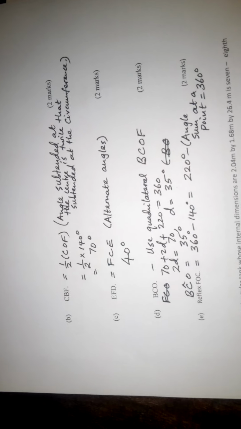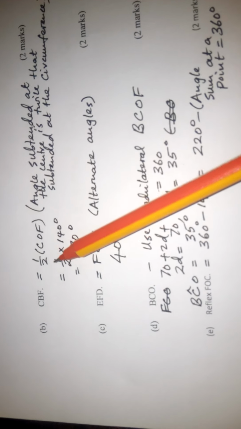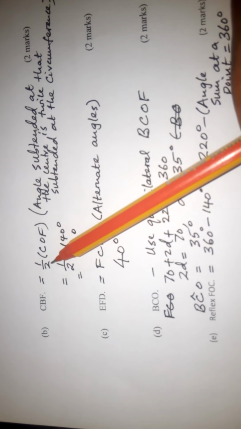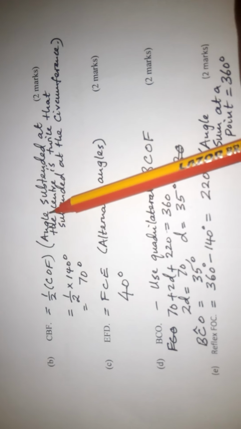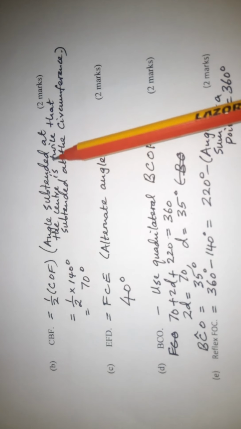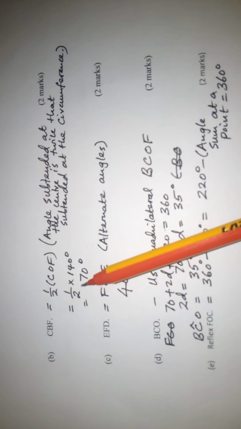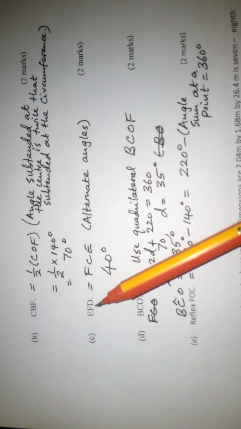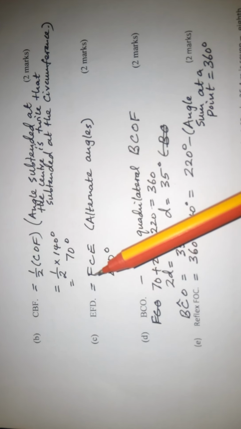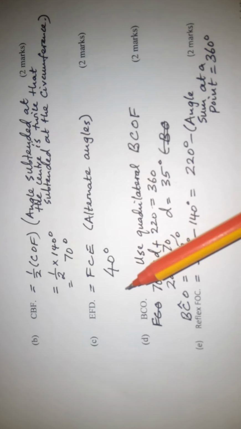Then we move on. CBF, remember, is equal to a half of COF, and the reason from the rough work you have seen is that the angle subtended at the center is twice that subtended at the circumference, and therefore angle CBF is 70 degrees. Then we go to angle EFD, which is equal to angle FCE, and the reason is that these are alternate angles, and the answer there is 40 degrees.